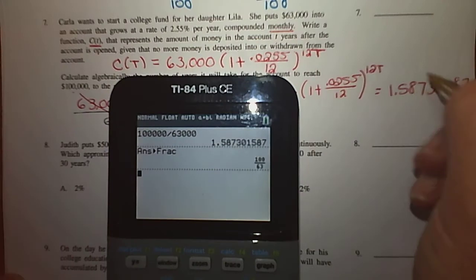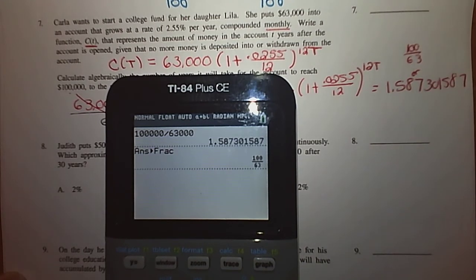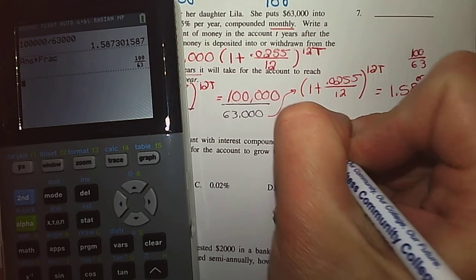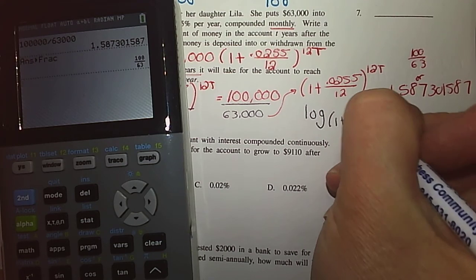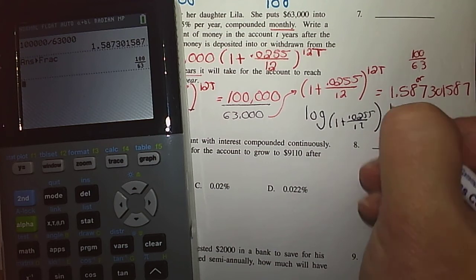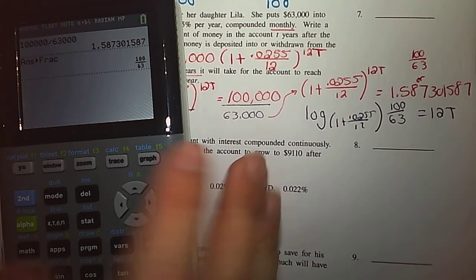So that might be even easier. Instead of having to type all that in. All right, now we have to log it. I'm going to change colors. So I'm going to write log of this base, 1 plus 0.0255 over 12, right? To the 100 over 63 equals 12t.